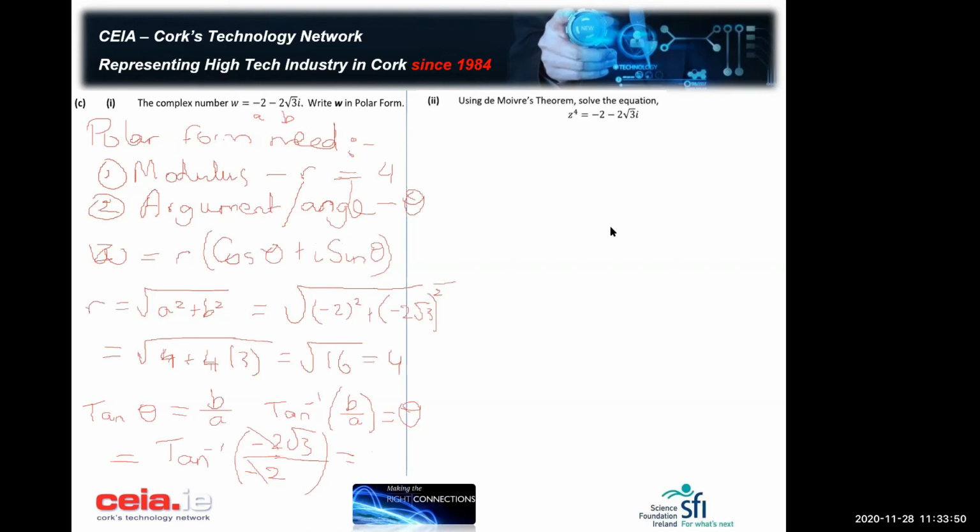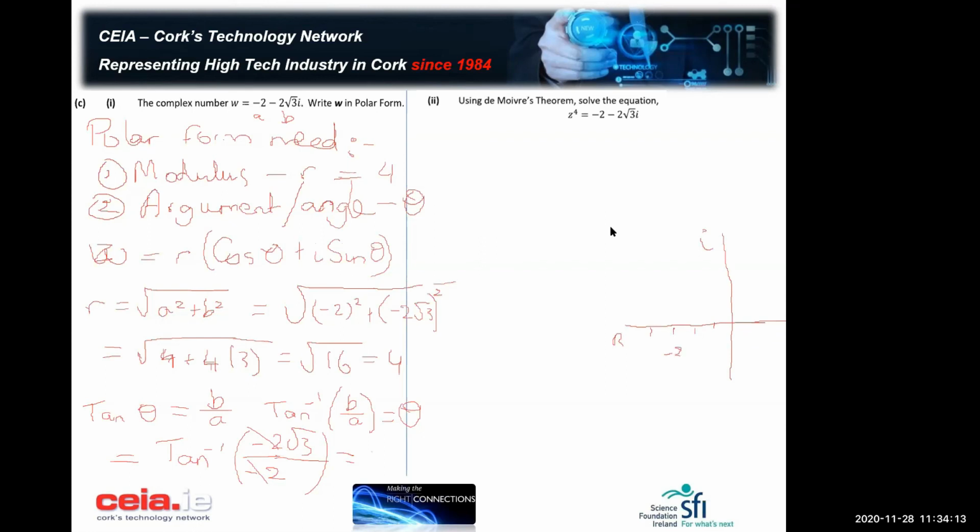What's most important about the angles? If we were to draw this angle, which I often do to visualize it on the Argand diagram. Remember this is i, and this is R. What's the real part? The real part is minus 2.